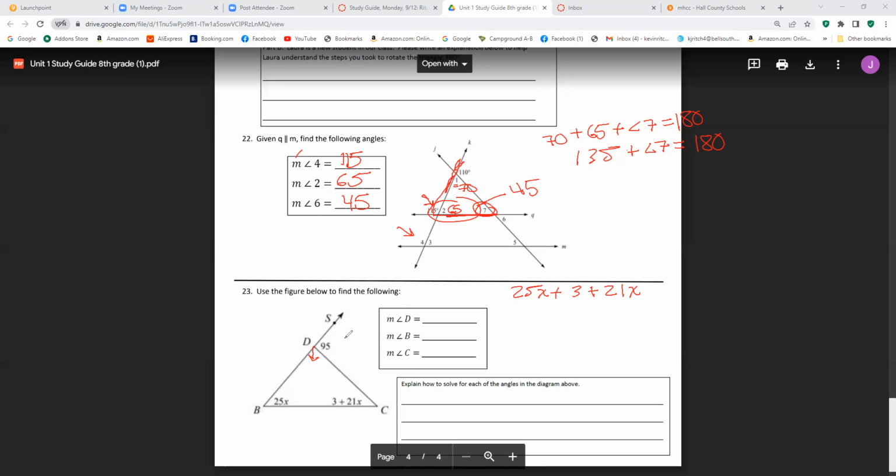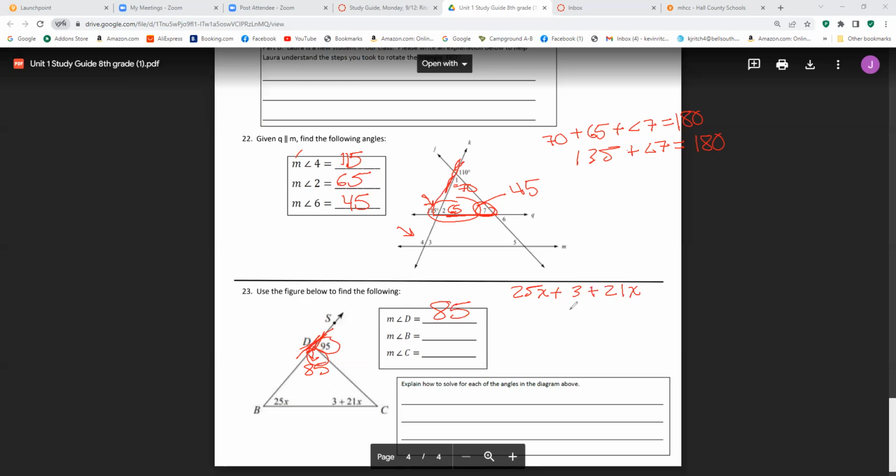Oh, actually, I know that the measure of 95 plus D is supplemental. So to get D right here, I'm going to subtract 180 minus 95. So I know the measure of angle D is 85 degrees. All right, so angle D is 85 degrees.